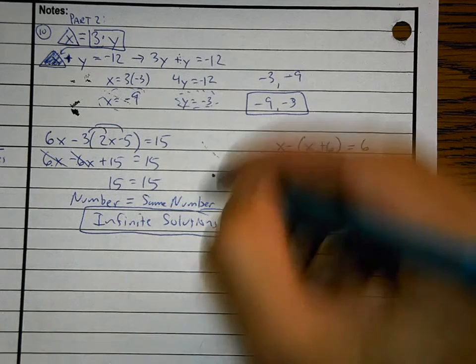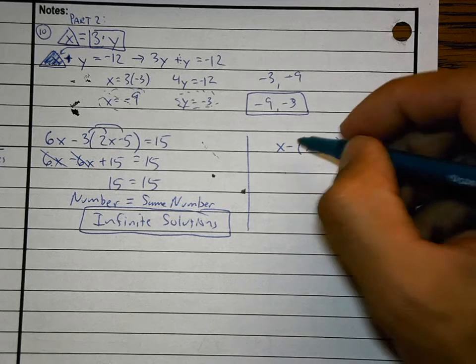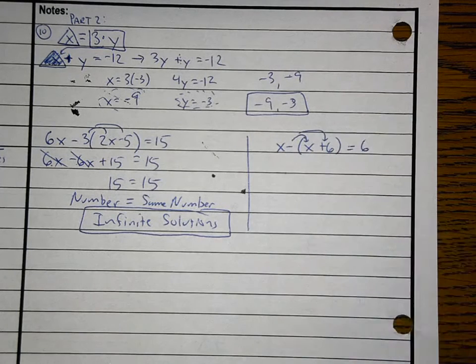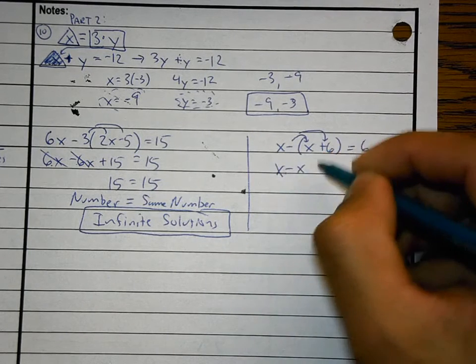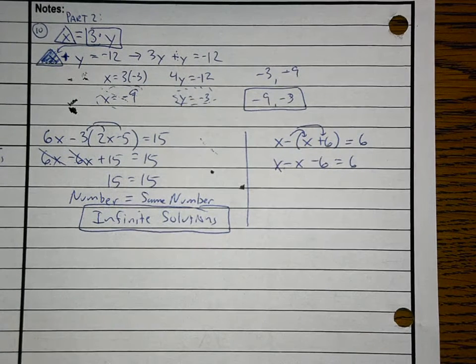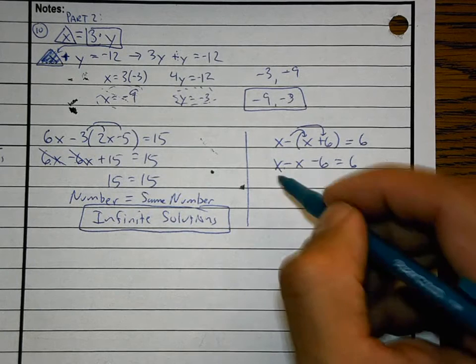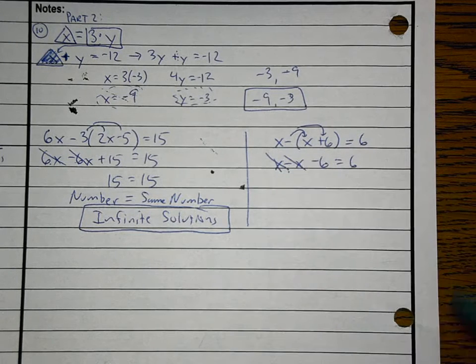Here's the second possible answer. Sometimes you're going to be working and you're going to have to distribute a negative, and you're going to get x minus x, which goes away. That makes 0 x's.